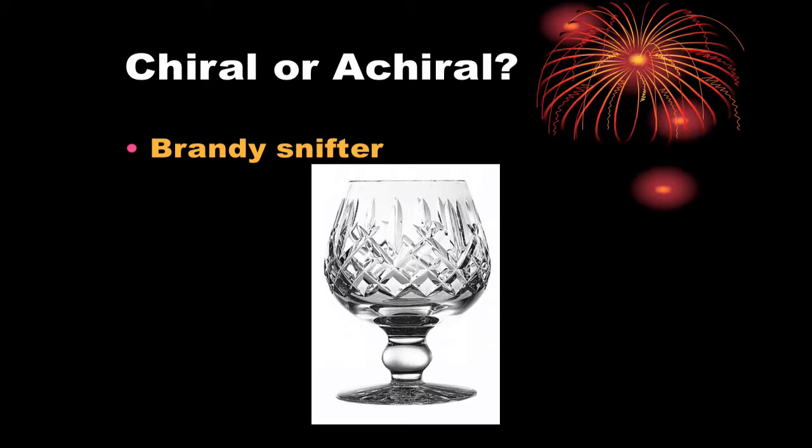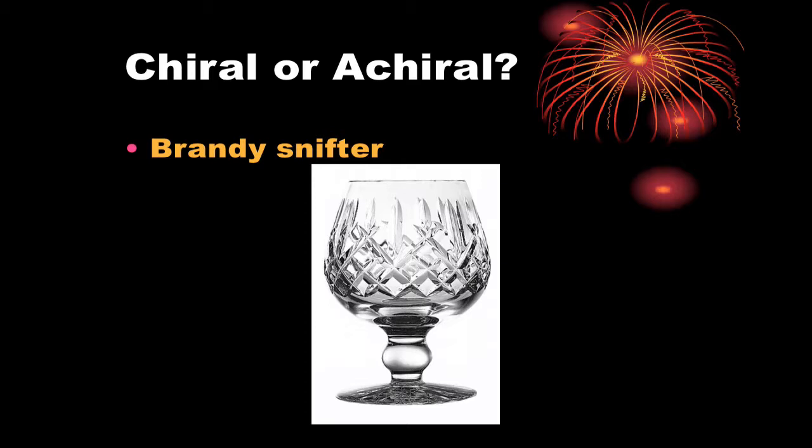Let's look at some other normal objects that you might be familiar with. A glass like a Brandy Snifter. Is it chiral or achiral? It is achiral. And why do you say it's achiral? It does have symmetry. That's a good observation, right?